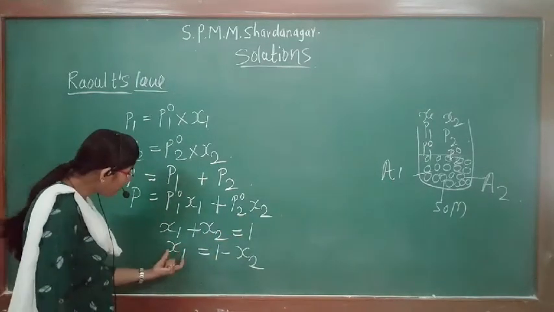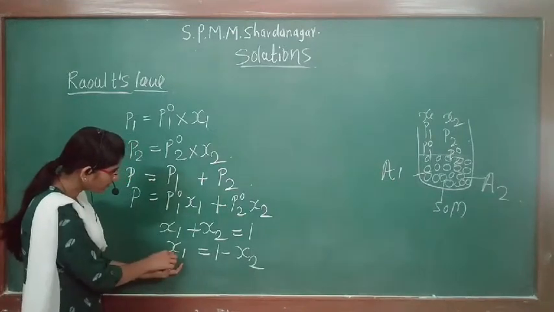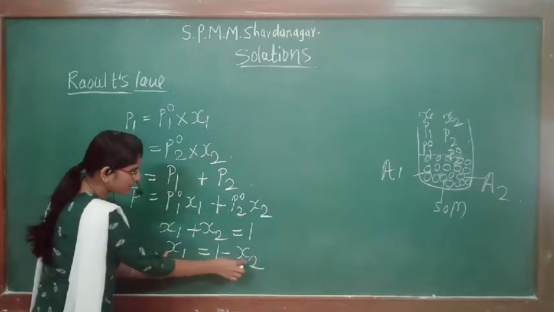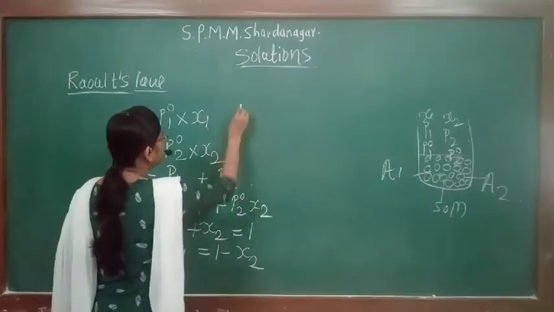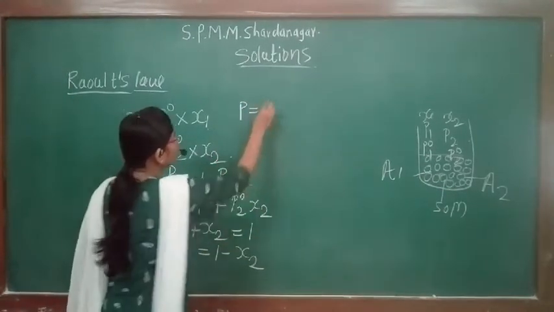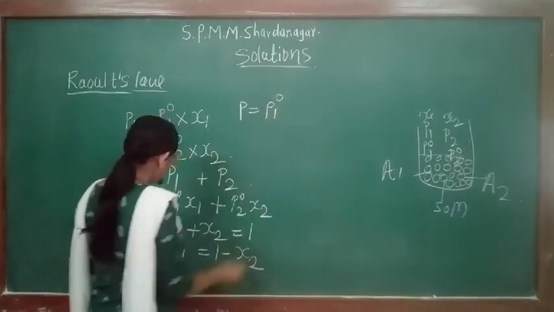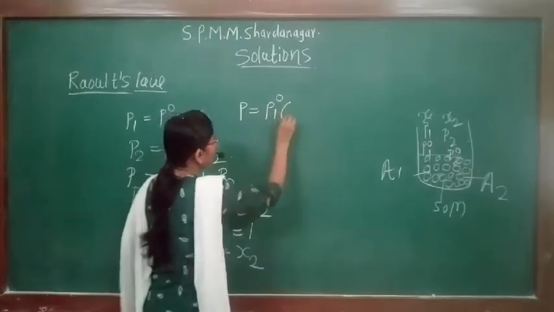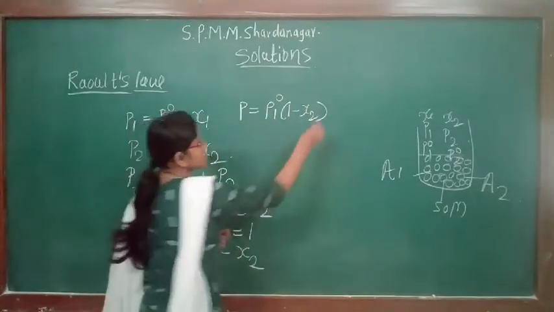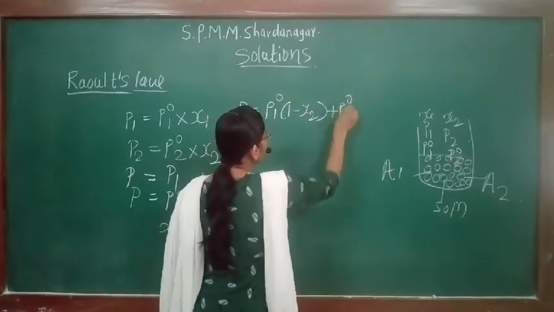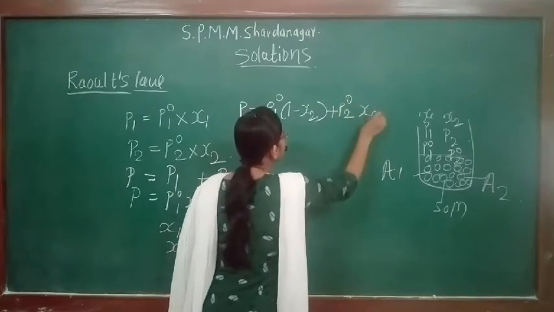If we put the value of X1, 1 minus X2, in this equation, then we get P is equal to P01 times (1 minus X2) plus P02 X2.